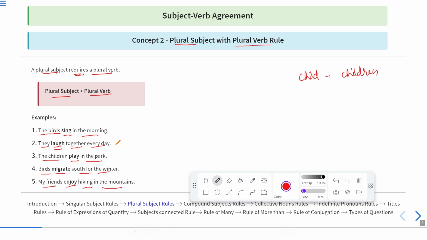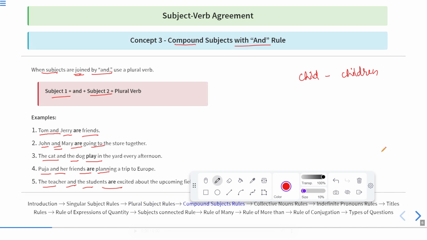Okay. The children, child is singular, whereas children is plural. Birds migrate, so birds are plural over here. And my friends are also plural. Friend is singular, friends are plural. And here friends enjoy hiking in the mountains. Okay, so this is plural subject with plural verb rule. Now let us move to the next one.